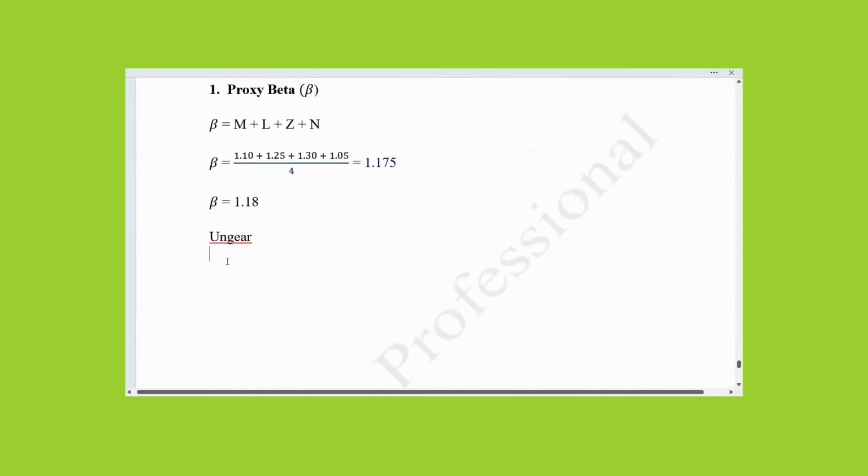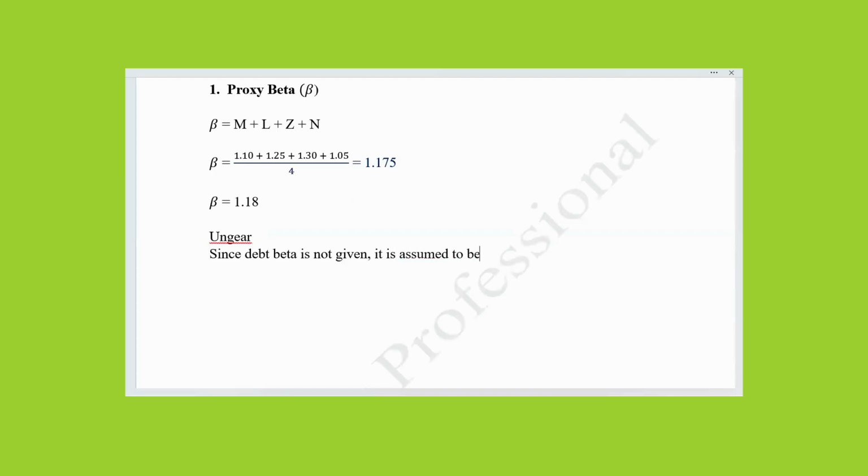Let me put it there for you. Since debt beta is not given, it is assumed to be risk-free.